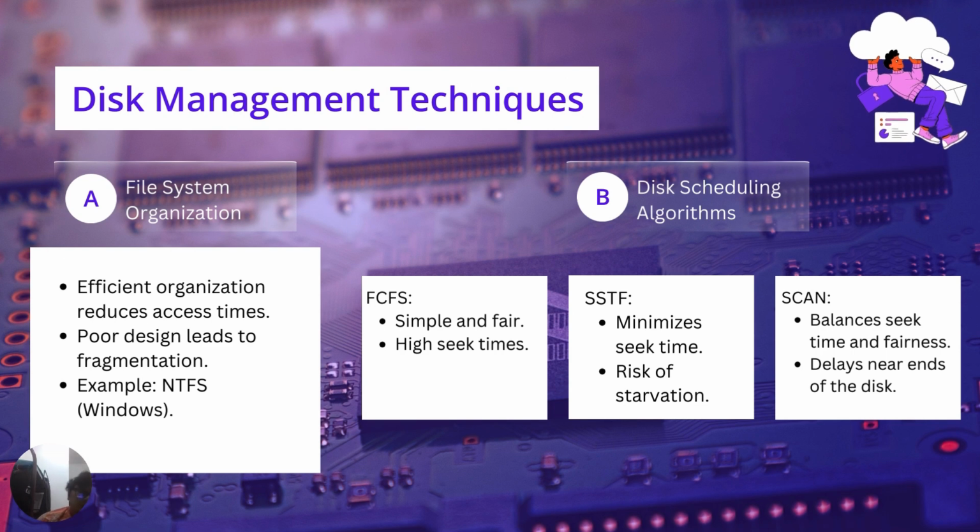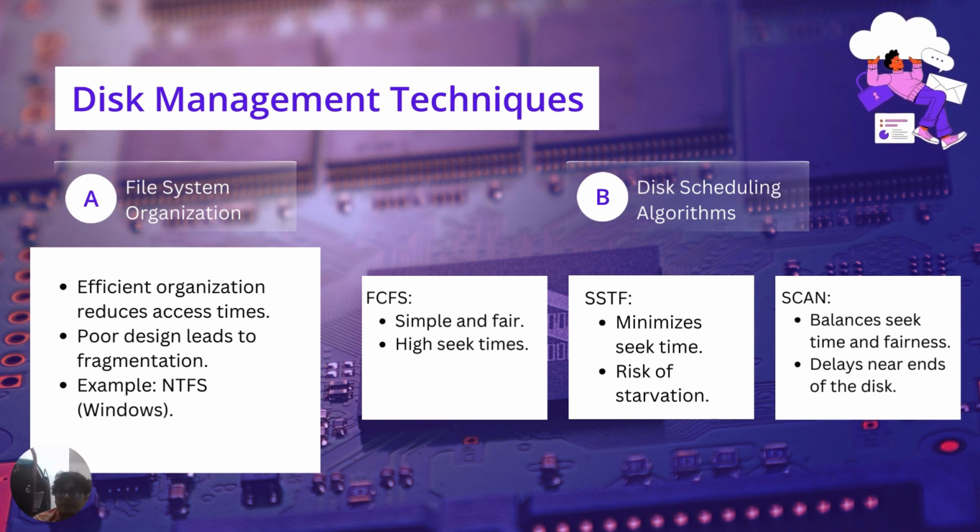Next, I will explain to you about I/O management techniques. For these management techniques, we have two: file system organization and disk scheduling algorithms. For the file system organization, on the positive side, efficient organization of the file system can significantly reduce file access times and improve system performance. On the negative side, a poorly designed file system can lead to fragmentation and slow access times.